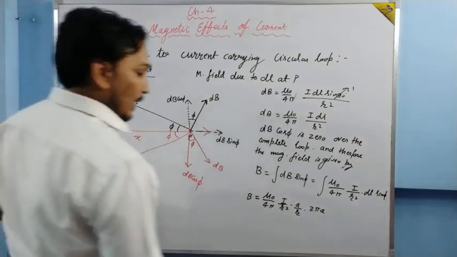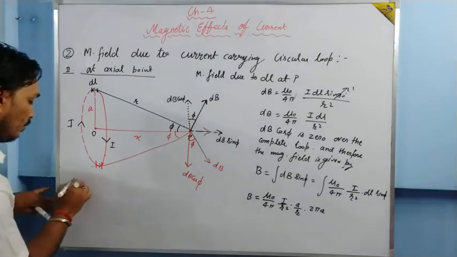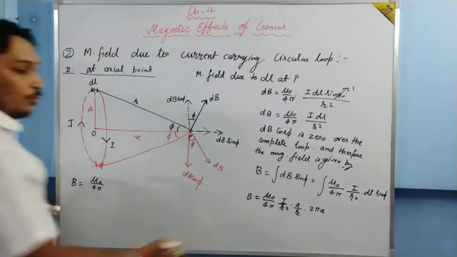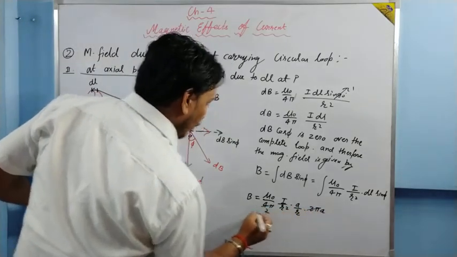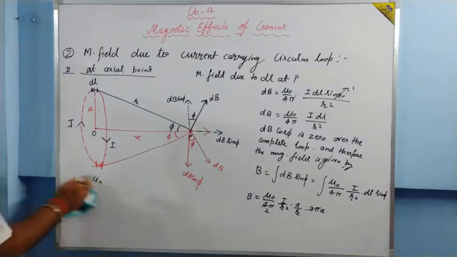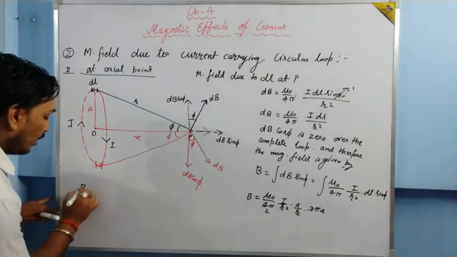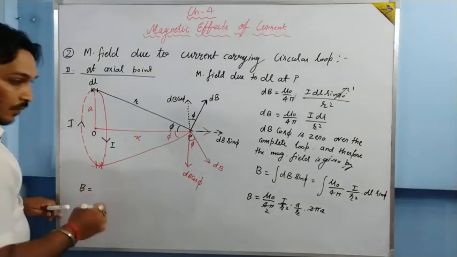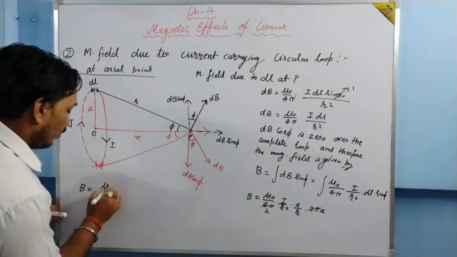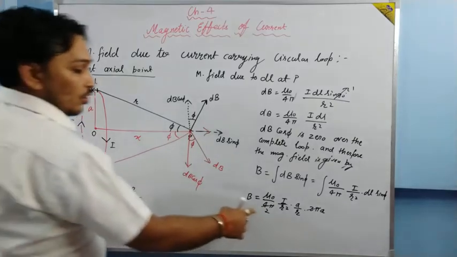Now just see, B is equal to mu naught upon 4 pi, 2 pi, this cut 4 pi by 2 times. So mu naught upon 4 pi will not remain, right? So we are going to have B is equal to mu naught I A, and A will become A square, mu naught I A square upon 2R cube.